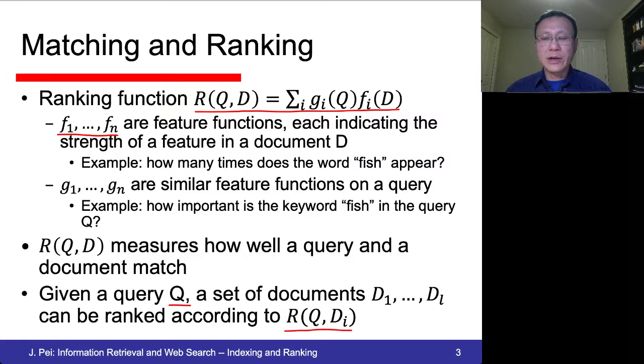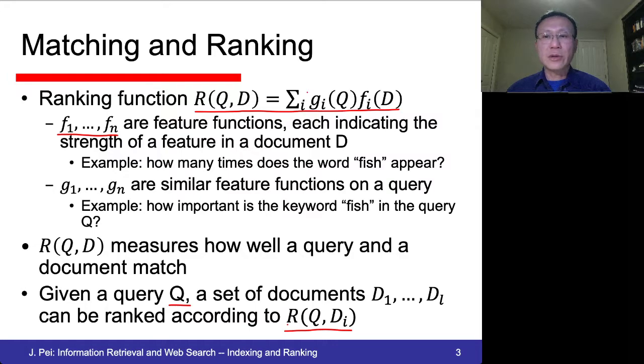As you can see, for a feature, if the feature is strong in a document D, fi, the corresponding feature function, will have a higher value. Similarly, if the feature is also important in the query, gi will also have a higher value.